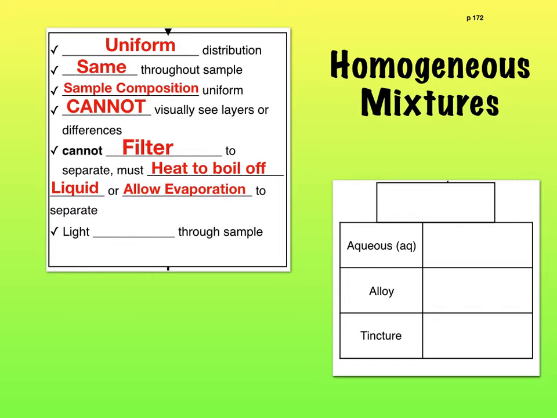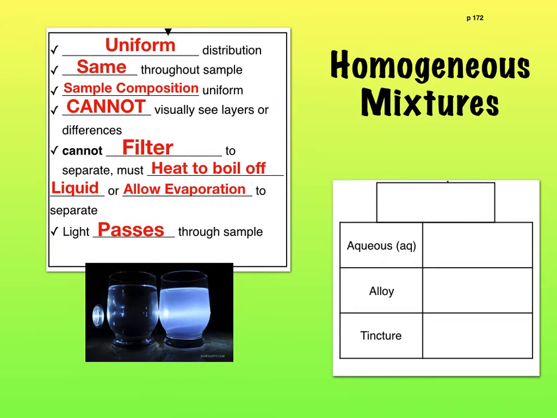Another interesting fact for homogeneous mixtures is that if you put a light source up to a homogeneous mixture, the light passes through the sample as if it's not there. Take a look at the picture below. There's two containers and there's a light source, a flashlight.